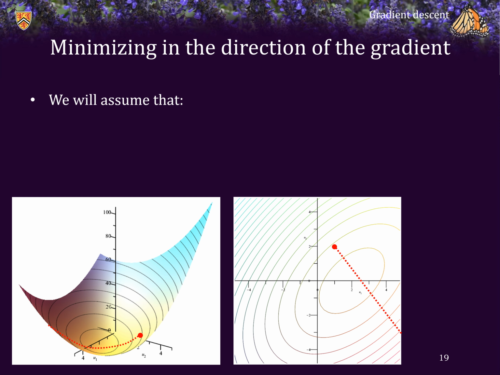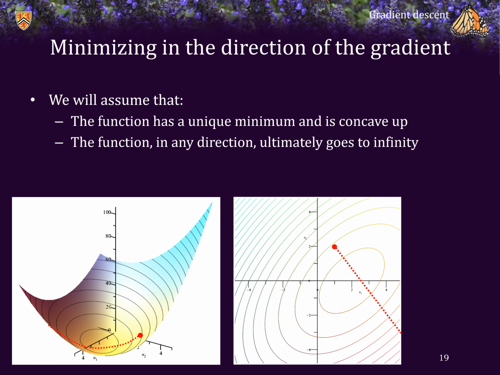So the two assumptions we're going to make are, first of all, that the function has a unique minimum and that the function is concave up, meaning if I take any two points on the surface and draw a line connecting those two points, the value of the function is always less than any point on the line connecting those two points.